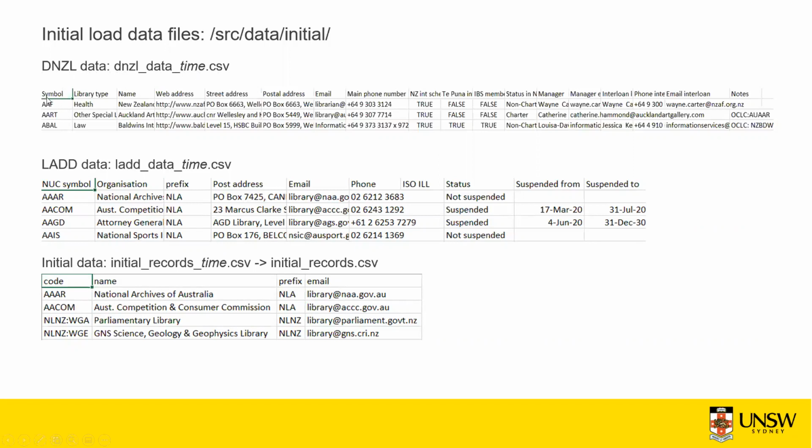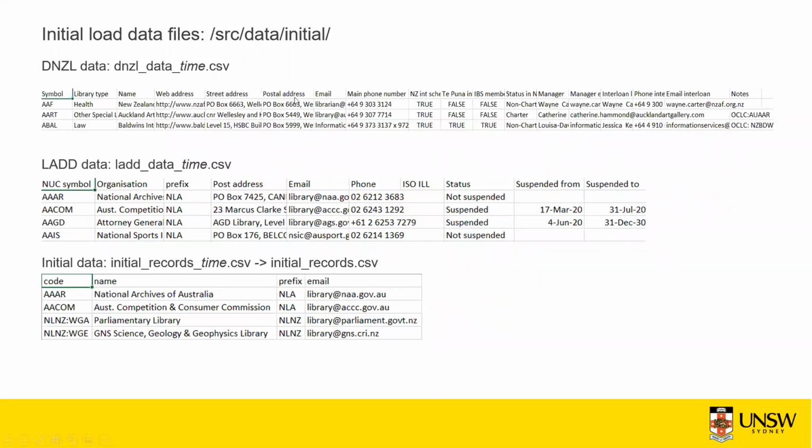The data format includes library code, library name, website, address, email, telephone number, etc. The LADD data is for the Australian libraries, and this contains different information: library code, organization, which is pretty much the library name, prefix, address, email, telephone, and other information.